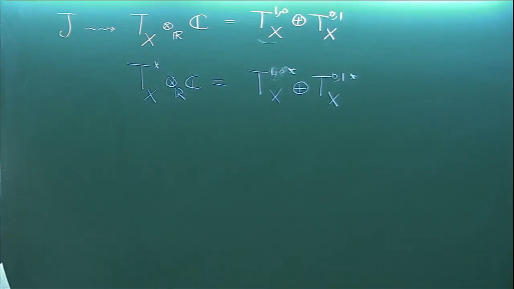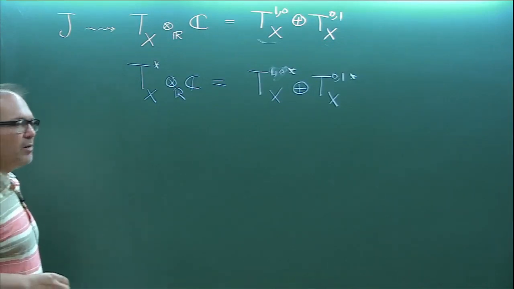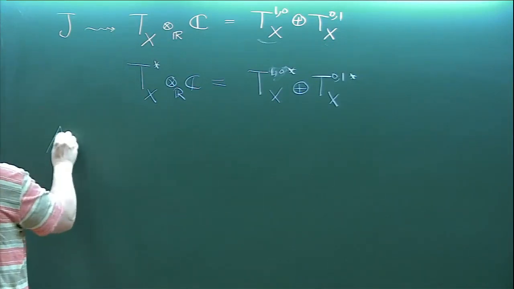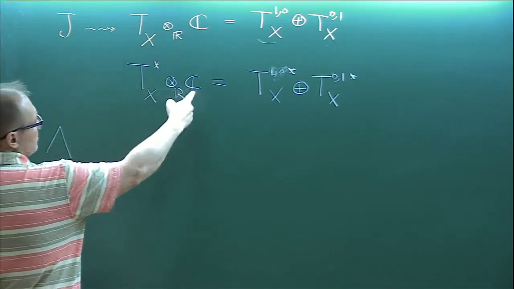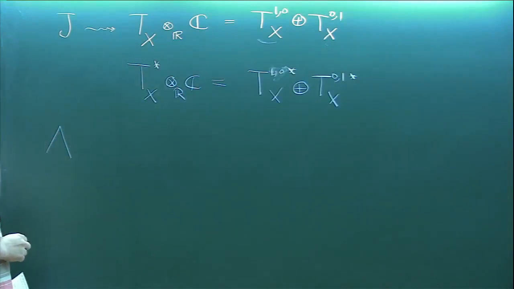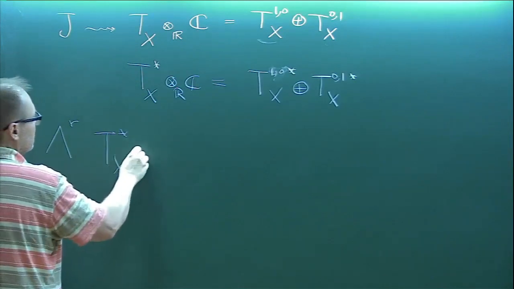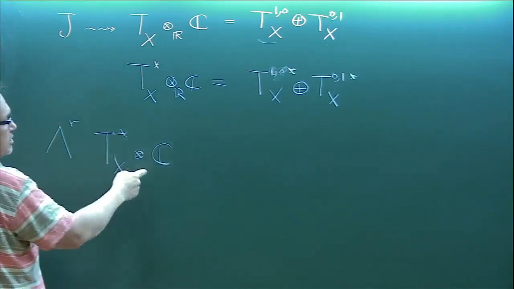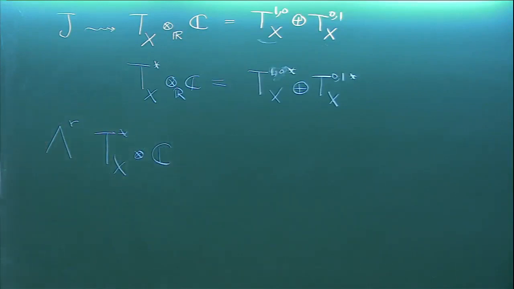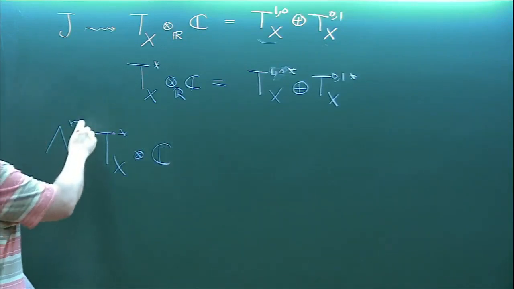So we're not going to work with real differential forms. It makes more sense in the complex setting to work with complex differential forms. So we look at the skew-symmetric degree R tensors, so Λ^R(T*X ⊗ C). These would be differential forms of degree R with complex coefficients.